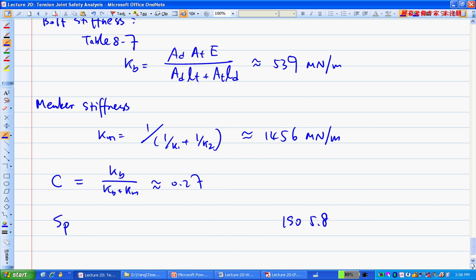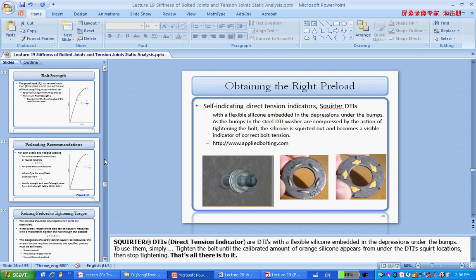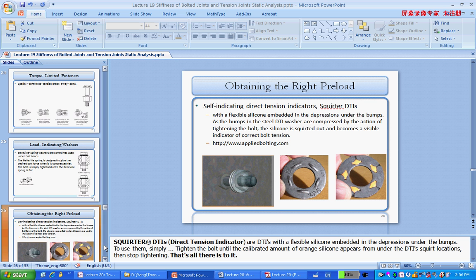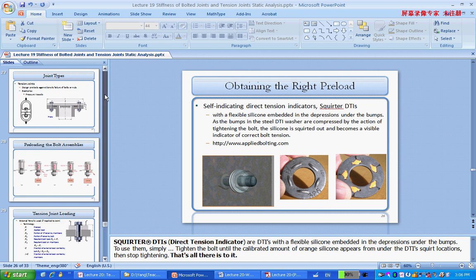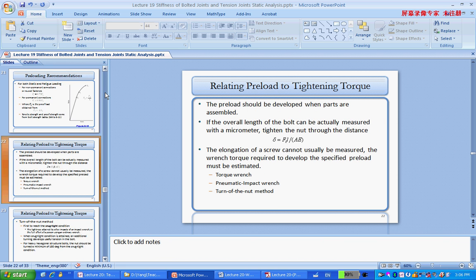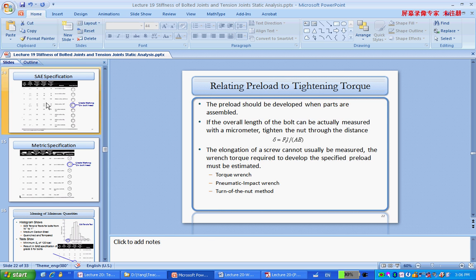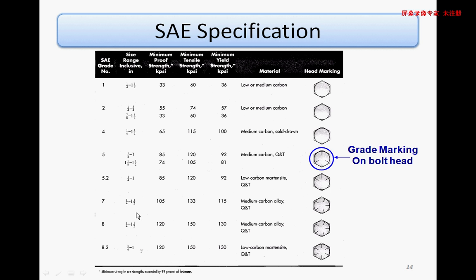So now let's look at the table that I showed you, which is table A-11 here. Let's see what we have from that table. Okay, so 5.8. I don't have a 5.8 here.